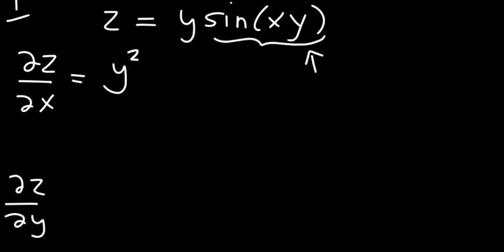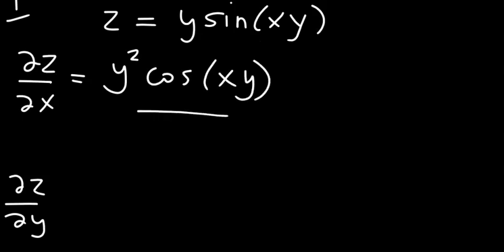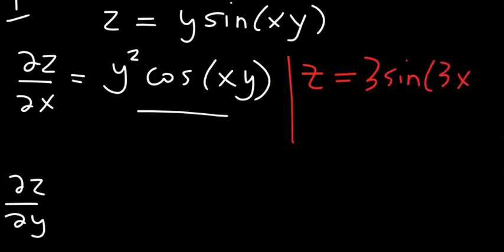We can take that out and it becomes y squared cosine xy. And that's the answer. It's almost as if you are differentiating z with respect to x when z is defined as 3 sine 3x. That's the logic behind it.